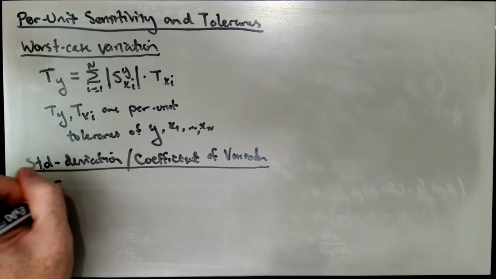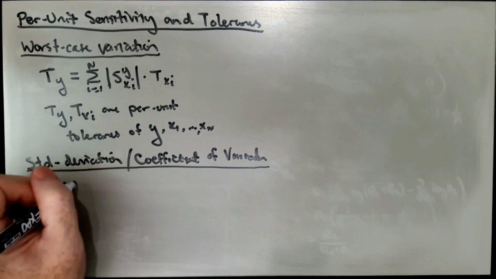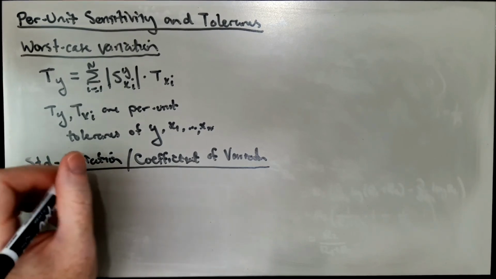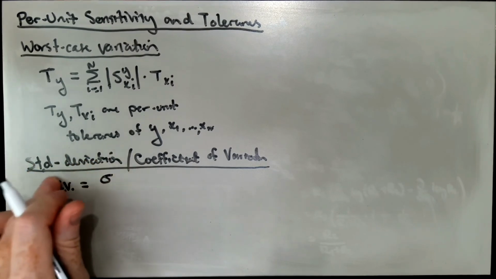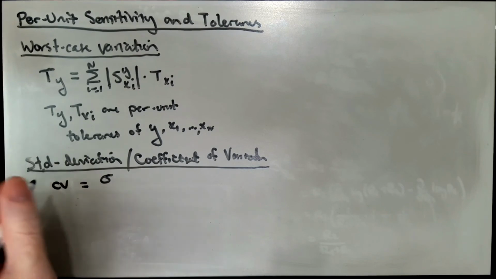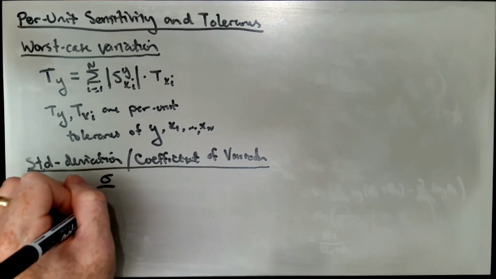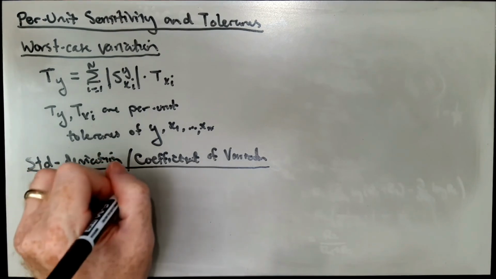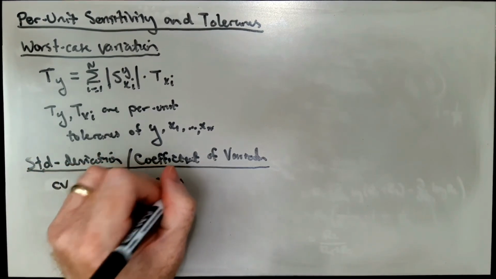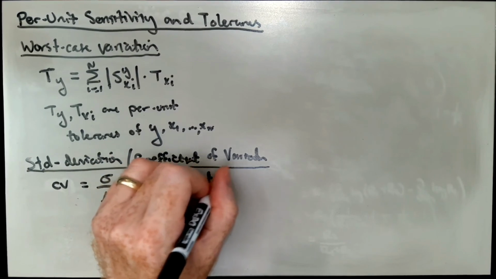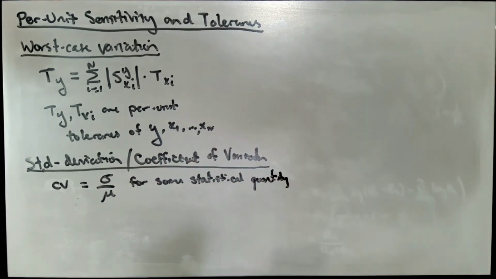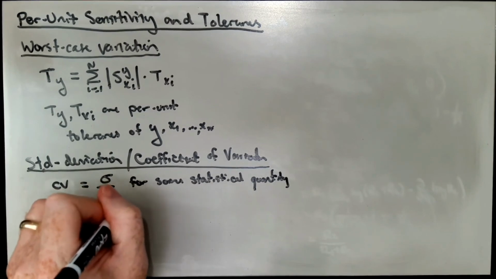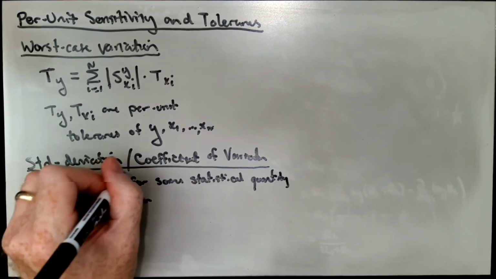So the coefficient of variation, denoted usually CV, for a variable is basically the standard deviation divided by the mean for some statistical quantity, or some parameter subject to some statistical variation. So this is the mean, this is the standard deviation.